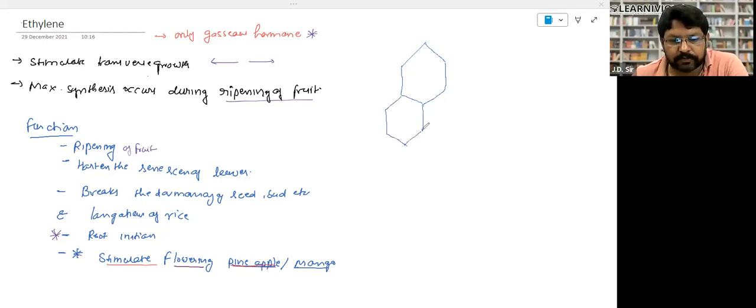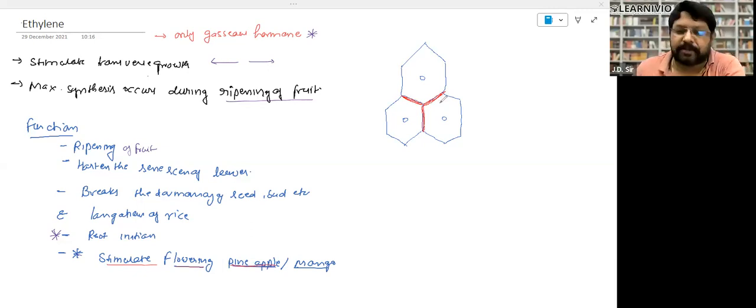Take the example of these cells of unripe guava. In every plant cell, there is a cementing material between these cells, right? What is the name of that cementing material which binds a cell with another cell?